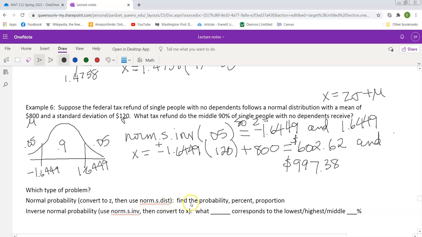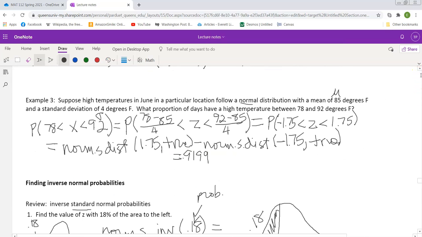The way you know it's that kind of problem is that it tells you that it follows a normal distribution, gives the mean and the standard deviation, and then says find the probability, the percent, or the proportion. The ones we looked at were: what proportion of days?